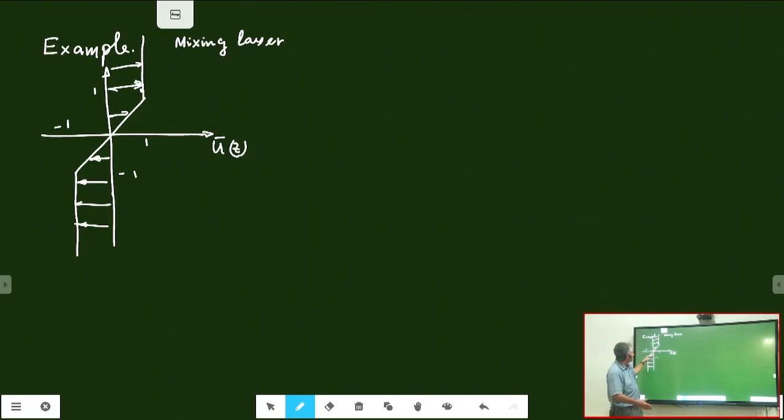So this is where mixing occurs. That's the mixing layer. Therefore, we will break this into the following regions. That will be region A, that will be region C, and this will be region B.